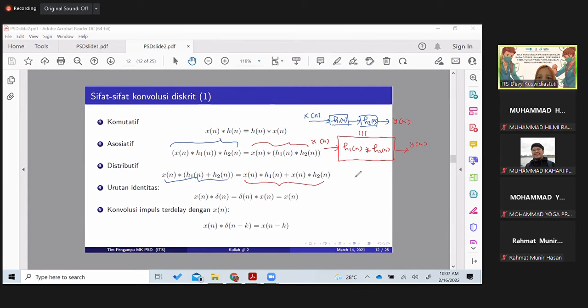For the blue one, this is the input x[n], and the input goes through this system, which would be the right part of the equation.